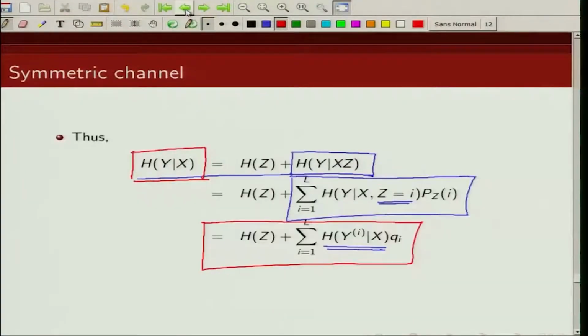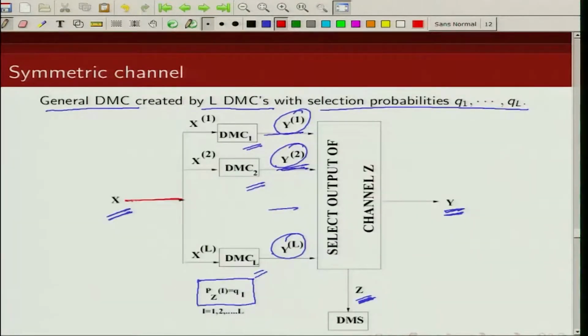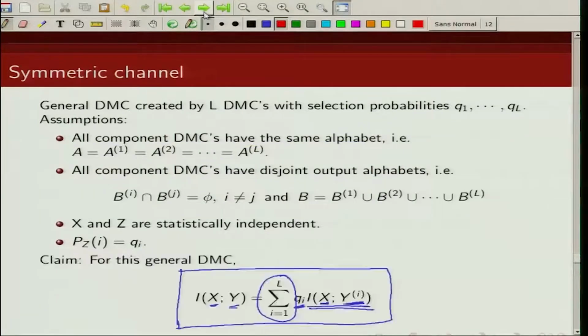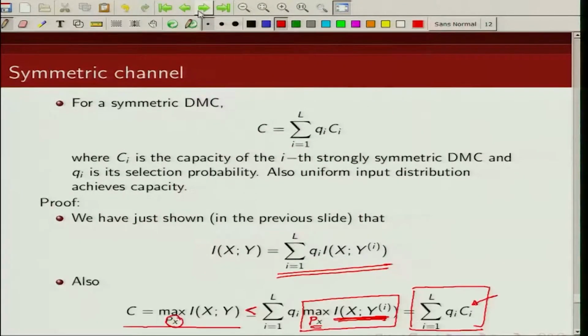And if you go back to the diagram that I showed you, it is the same input x going to all these discrete memoryless channels. Since the uniform distribution achieves capacity for each individual channel, and it's the same input, it's the same input that will achieve capacity for this channel. So hence we have proved that the capacity of a strongly symmetric channel is given by this expression.